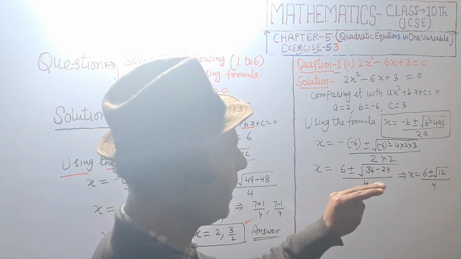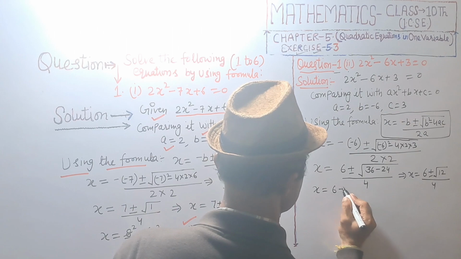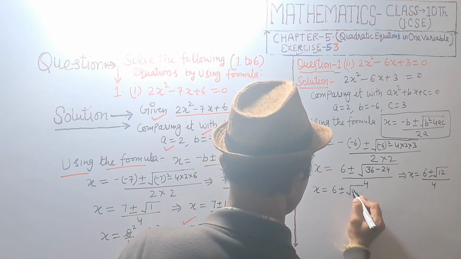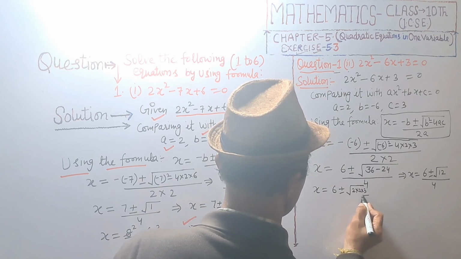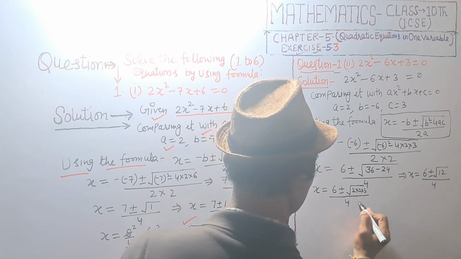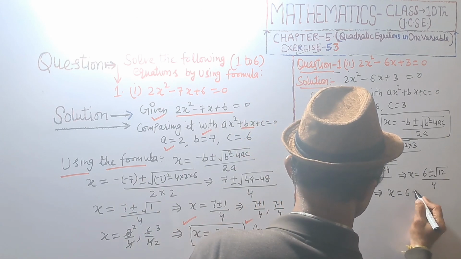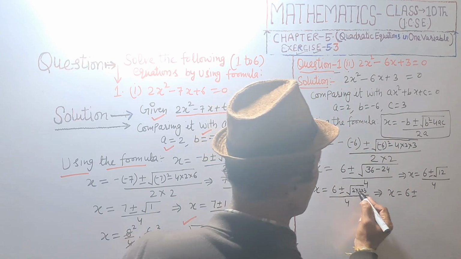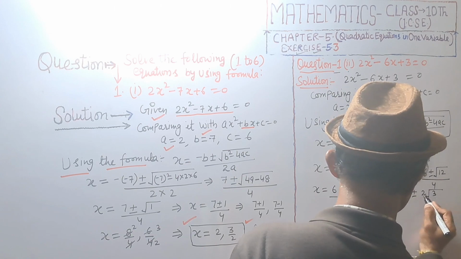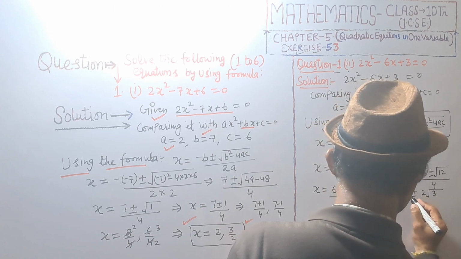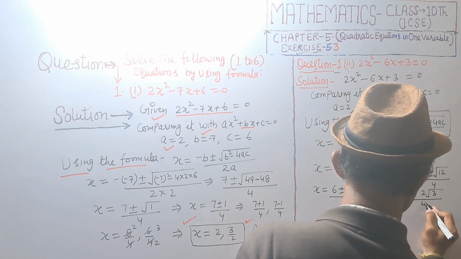And the prime factors of 12 we can write as 2 into 2 into 3, divided by 4, which implies x is equal to 6 plus minus, one pair of 2 is taken common out of the root, and 2 root 3, 6 plus minus 2 root 3 divided by 4.